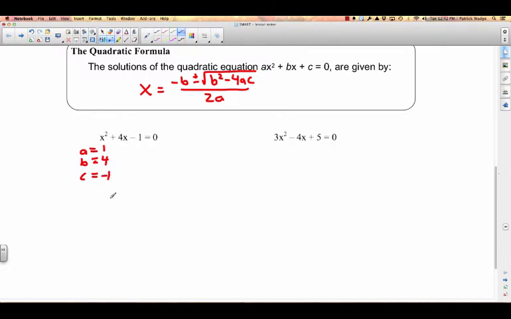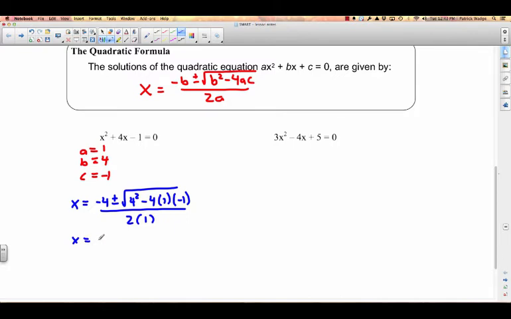So we get x equals negative b, which is negative 4, plus or minus square root of b squared, so that's 4 squared, minus 4 times a, which is 1, times c, which is negative 1, divided by 2 times a, which is 1. And you just do your multiplying, your adding, all that kind of stuff, and you get your answer.